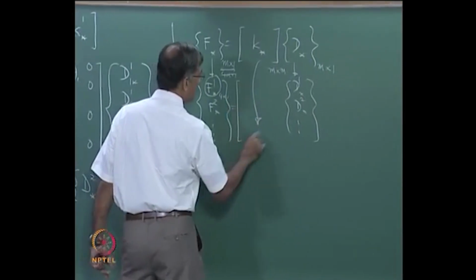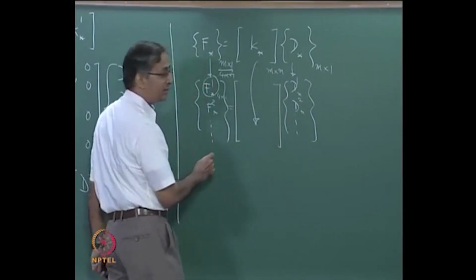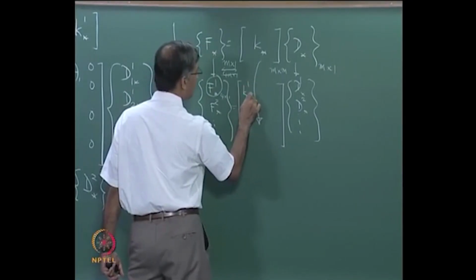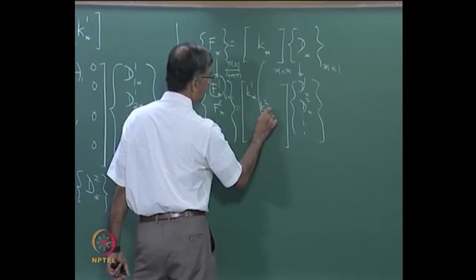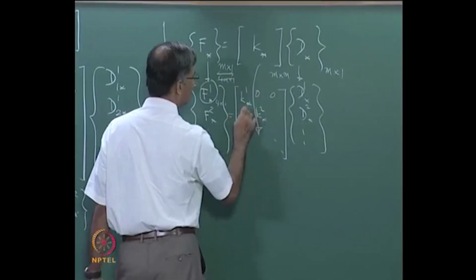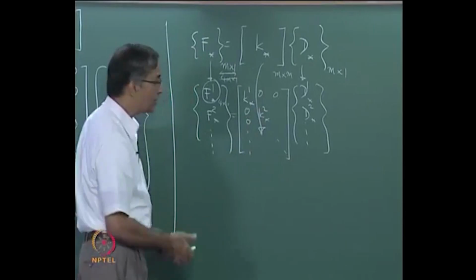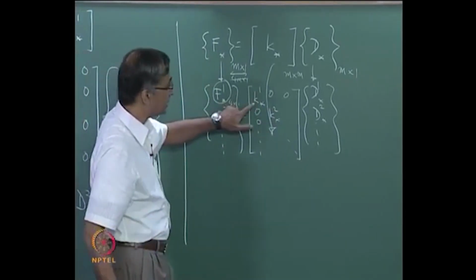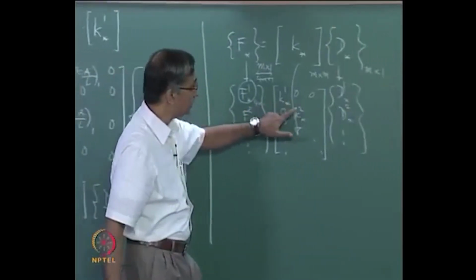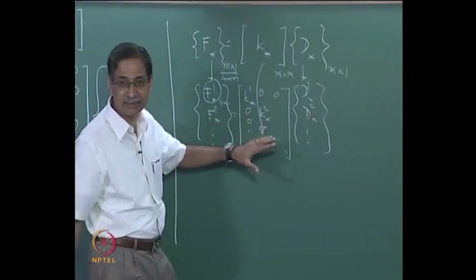This will be a diagonal matrix where you have, say, K1 star here, K2 star there, all the way here, and you have zeros everywhere else. Is it clear? Because then only I get this is equal to this times that, which is this. This is equal to this times that and nothing else.